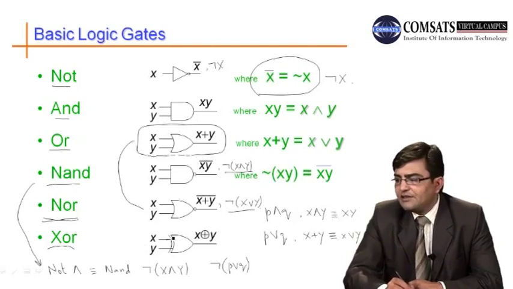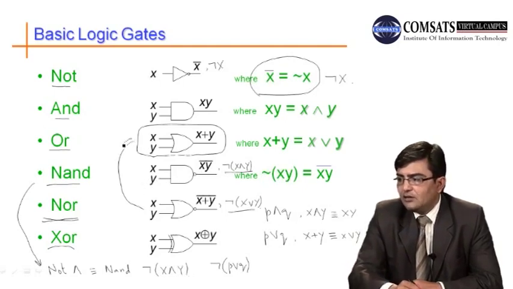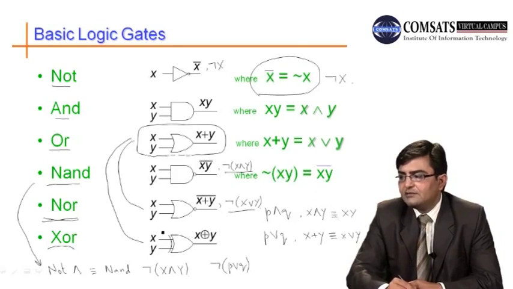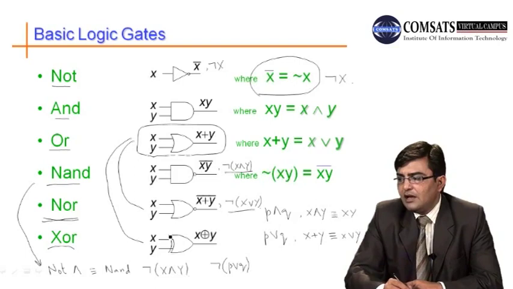The symbolic representation of the XOR logic gate is like the OR logic gate, but we draw a line before the OR logic gate.